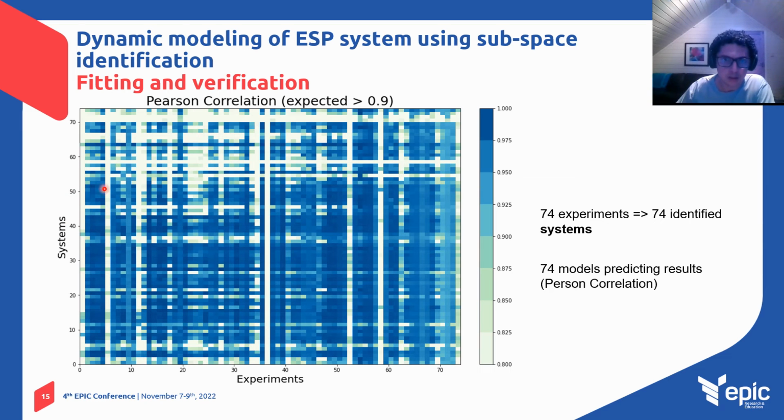So this line represents the Pearson correlation of the system identified by experiment 50 subject to the operational conditions of all systems.